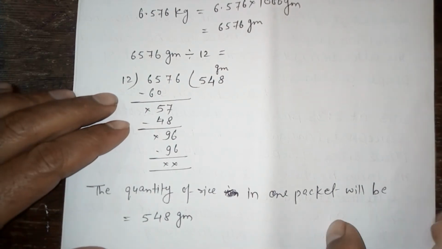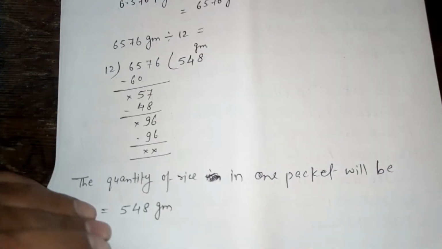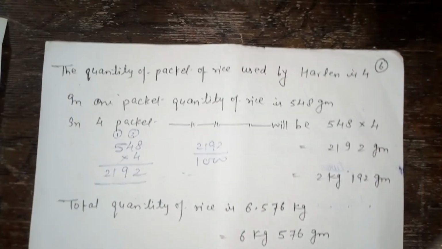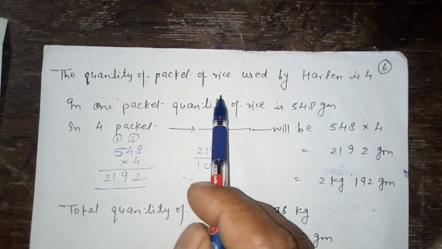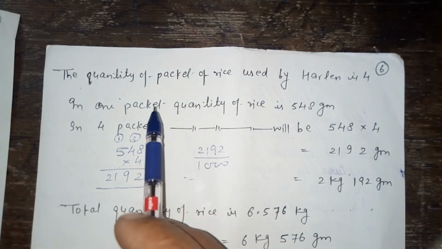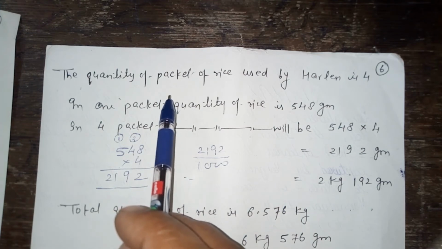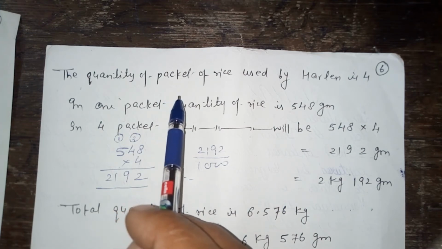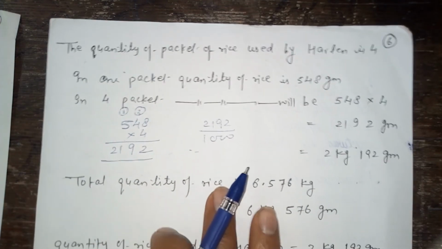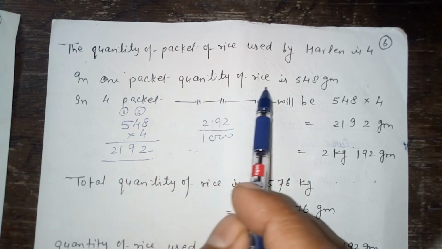Okay, and the second step for this question is the quantity of rice used by Harleen. In the question, 4 packets were used by Harleen for cooking, and we found that one packet contains 548 gram of rice.